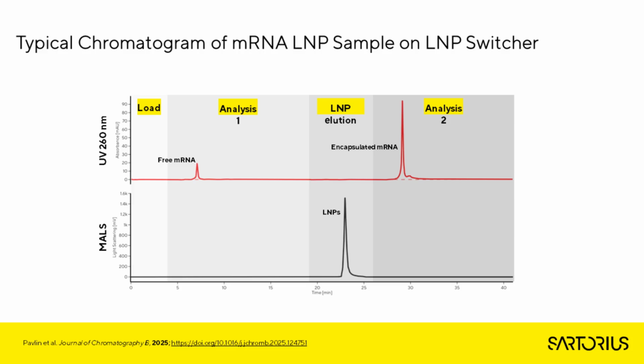In the upper part of the chromatogram, there is a UV signal where you can see a peak representing free mRNA and encapsulated mRNA. And in the lower part of the chromatogram, you can see the MALS detector signal, where elution of the particles is visible as a chromatographic peak.